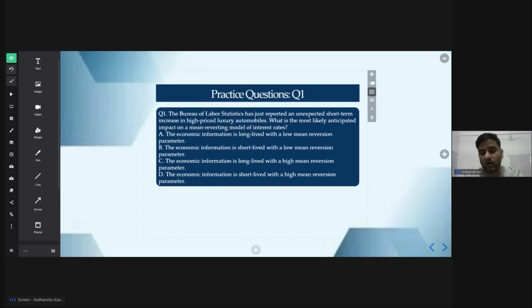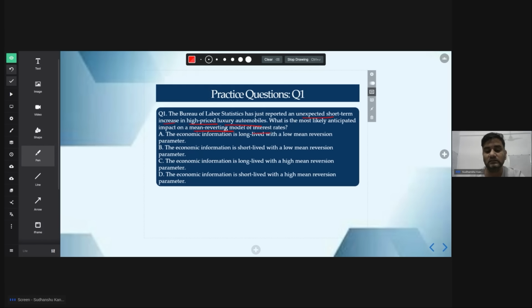The Bureau of Labor Statistics just reported an unexpected short-term increase in high-priced luxury automobiles, right? Unexpected short impact. What is the most likely anticipated impact on a mean reverting model of interest rate?